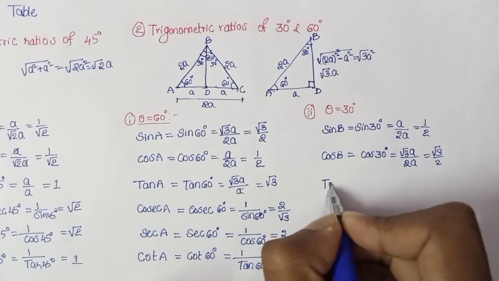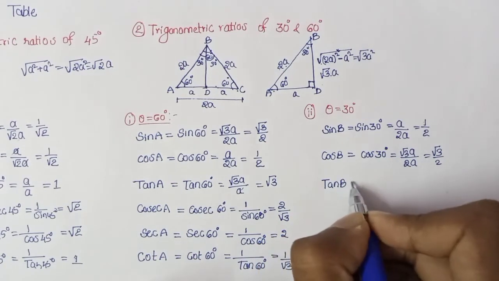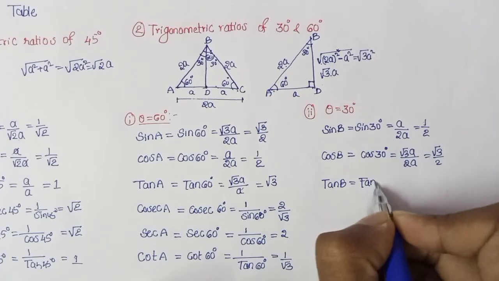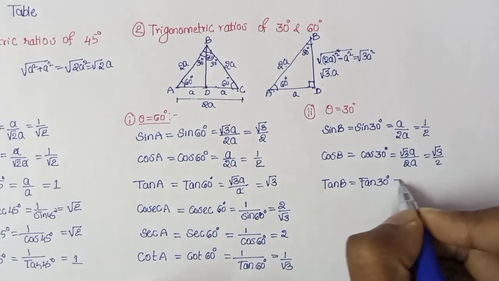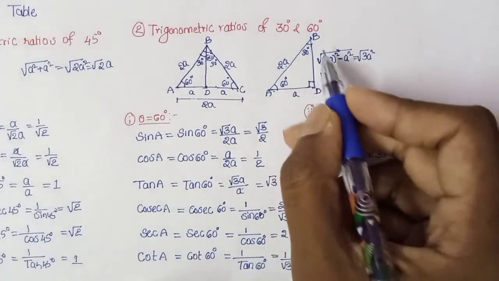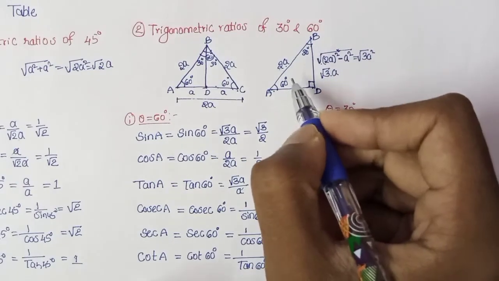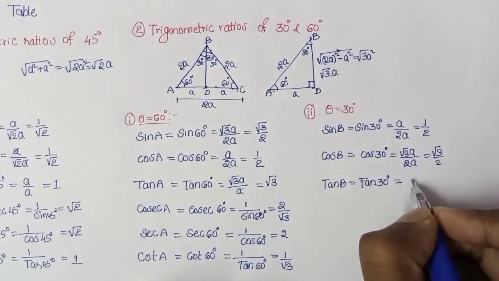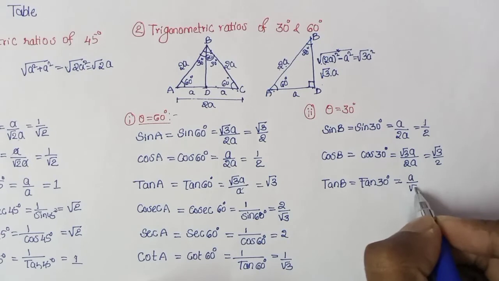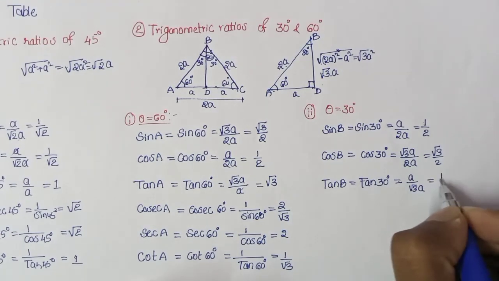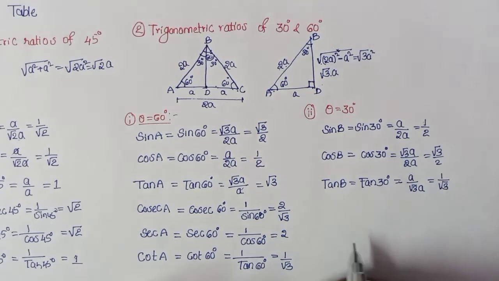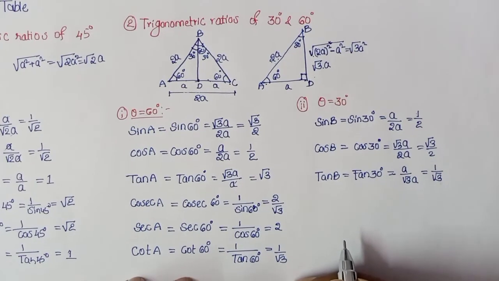Next, tan B is equal to tan 30, which is opposite side by adjacent side, so a by root 3a, which is equal to 1 by root 3. And the remaining three are very simple.